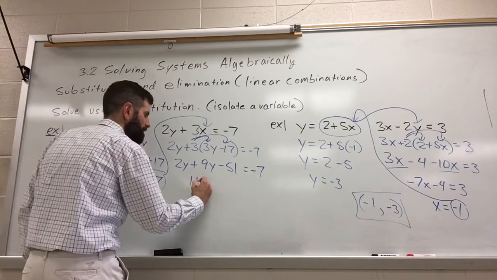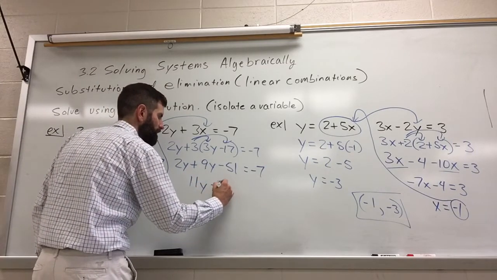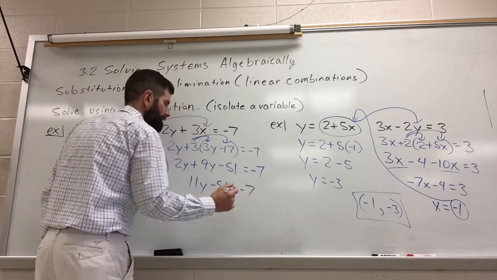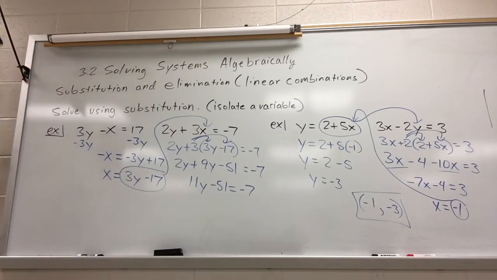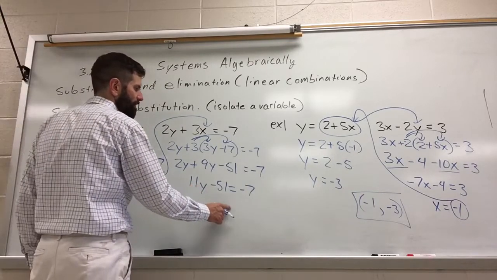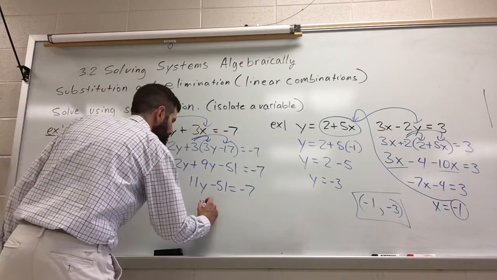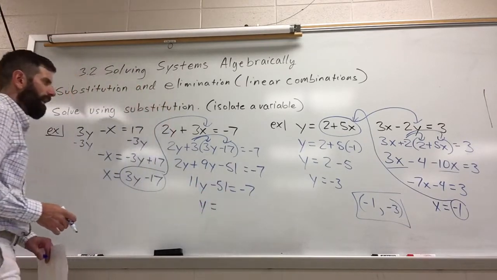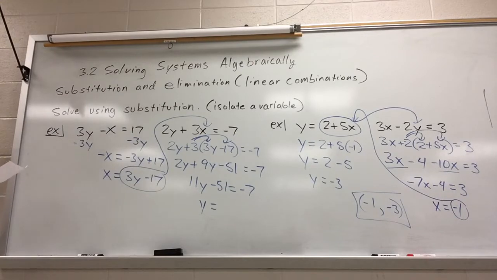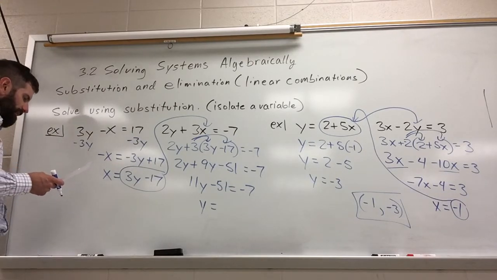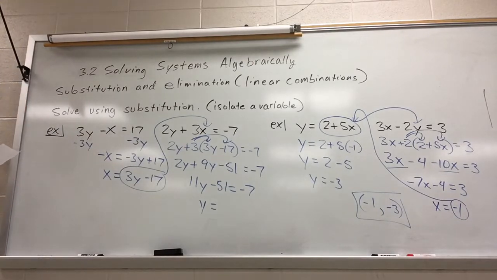Combine like terms, 11y minus 51 is equal to negative 7. I got a two-step equation again. I'm going to add the 51 over, divide by 11. Add the 51 over, I'll get 58.